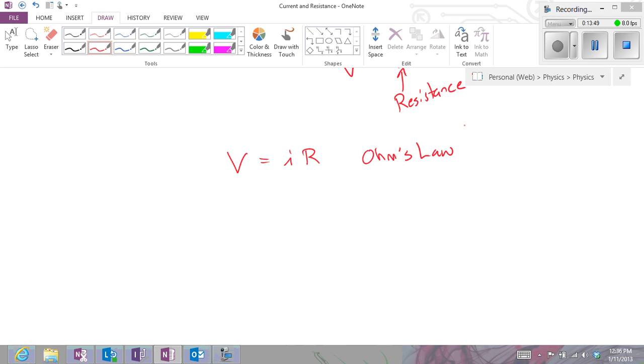Typical standard resistors that you would use in a science experiment, or in a wire, would have resistance in your house circuit and things. These are all very ohmic devices. They're not exotic types of things that behave in strange ways. So this very simple equation, V equals IR, allows you to determine how much current will appear given a circuit's amount of resistance and the voltage that you apply.